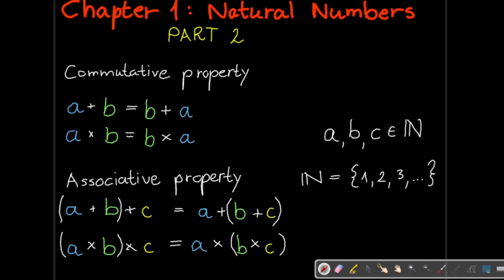Notice that 0 is not an element of the natural numbers, but 0 is an element of whole numbers. So if we add a little 0 to the set of the natural numbers, that just implies that the 0 is a part of this set, and that set is called the set of whole numbers.